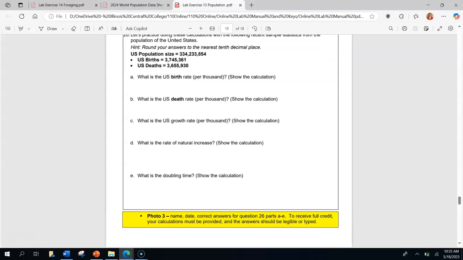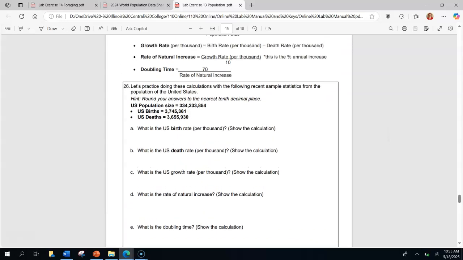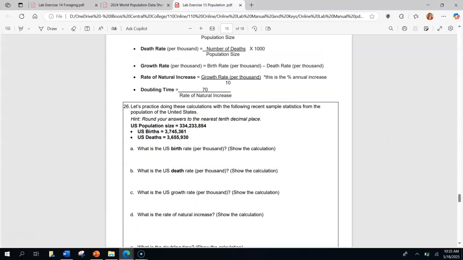Then when you get to question C, it is going to be growth rate. So here's that equation: your birth rate minus your death rate. In other words, your answer to question A minus your answer to question B is going to be the answer to question C. The natural rate of increase is going to be your answer to letter C divided by 10.